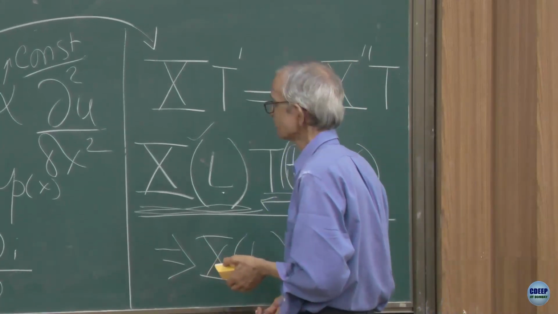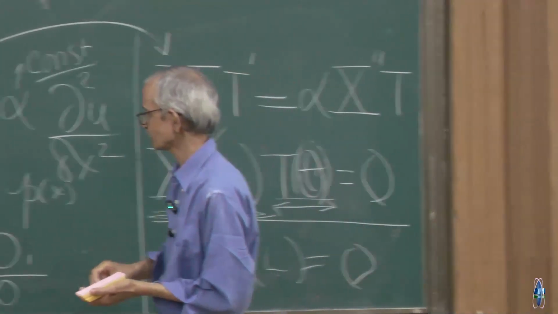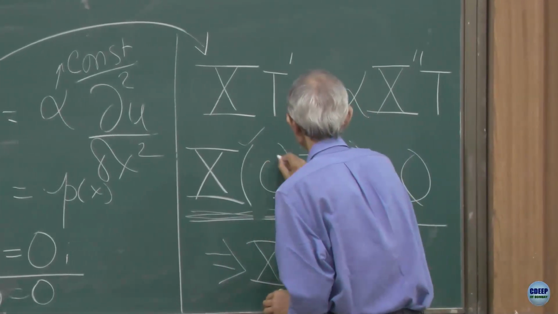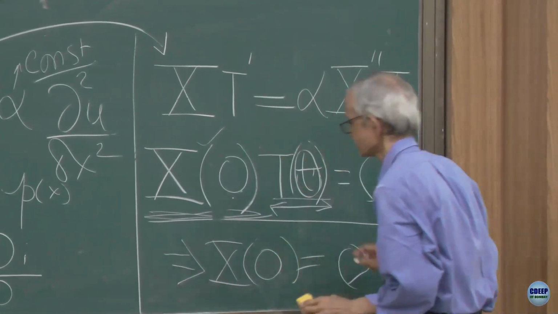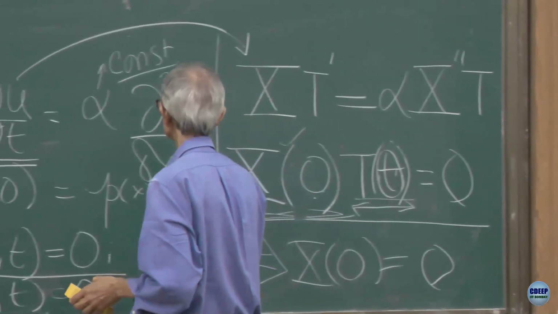Great. Similarly, you can show that X of 0 is equal to 0, because I have X of 0 and T of t equal to 0, which implies X of 0 is equal to 0. So I have got my two conditions.